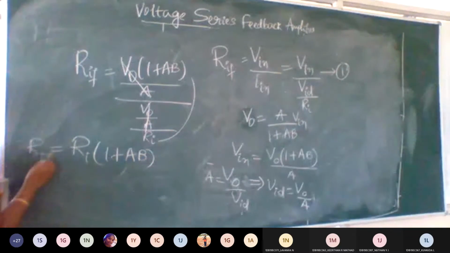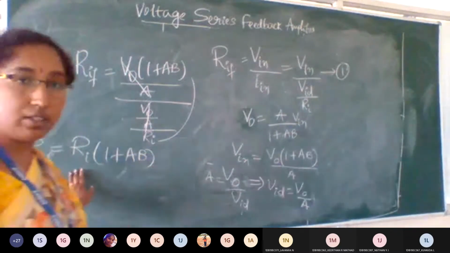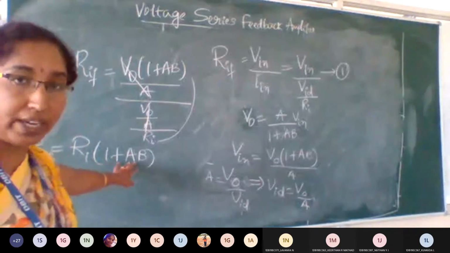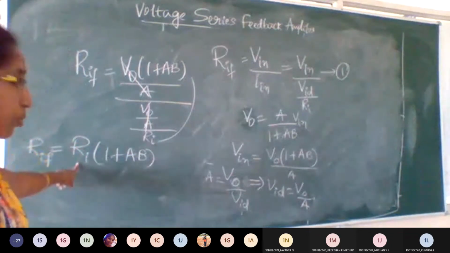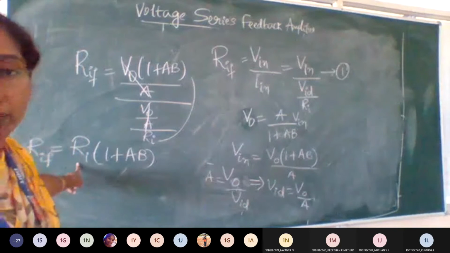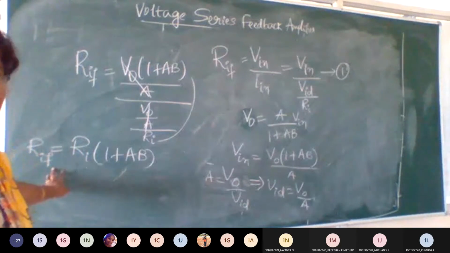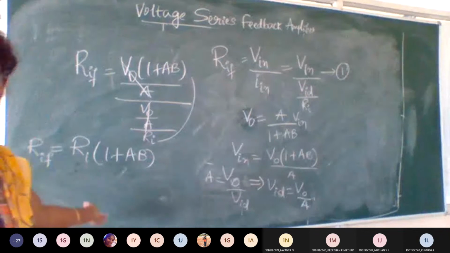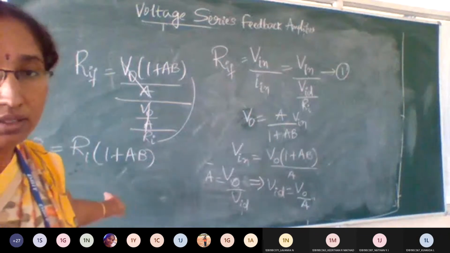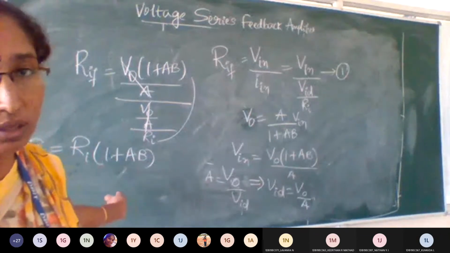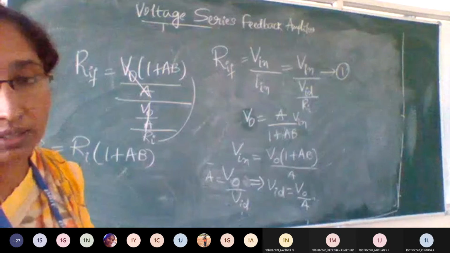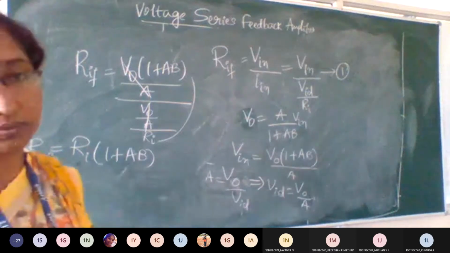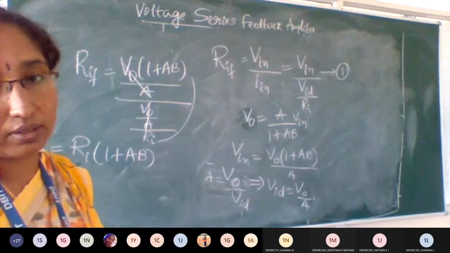So RIF, the input resistance with feedback, is 1 plus AB times the input resistance without feedback, RI.